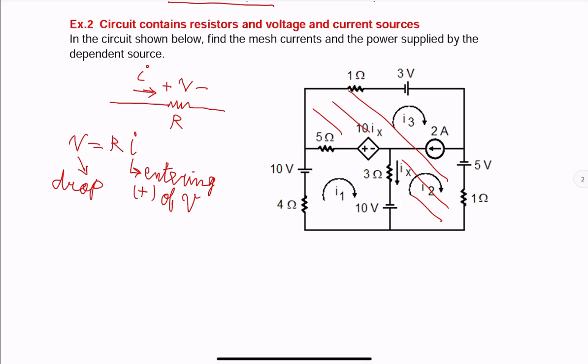These are two separate meshes, each with its own current. By combining, what we mean is apply Kirchhoff's voltage law to both meshes at the same time. Treat mesh 2 and 3 as a single mesh. Do not look at what is inside of it. So let's give it a try.